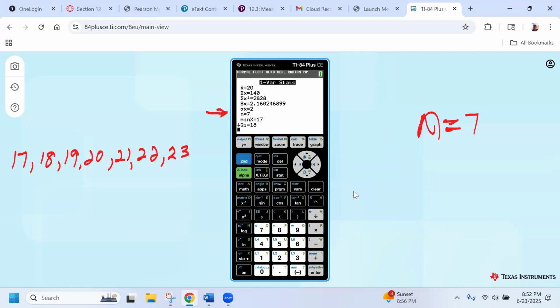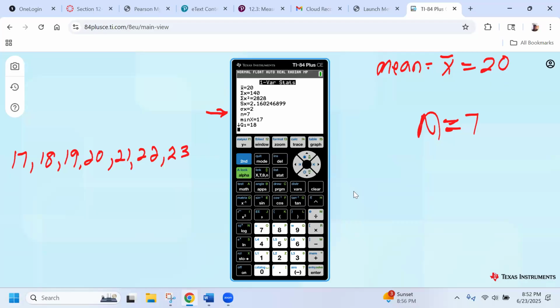Here's the kicker. All that stuff that I was showing on that previous page, my mean, which we did in the last chapter, is this value right there, which is 20.